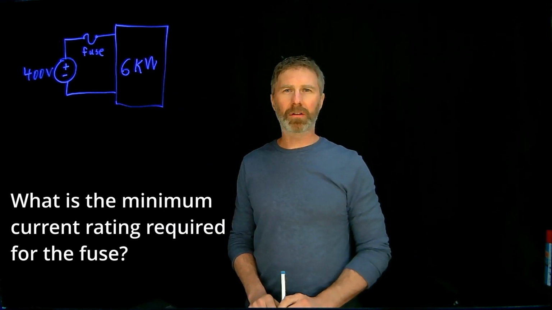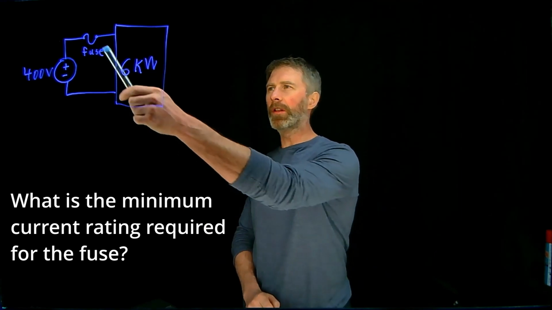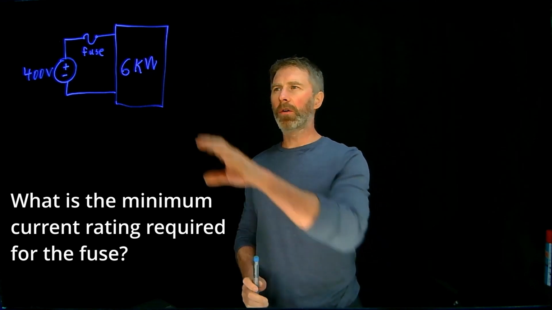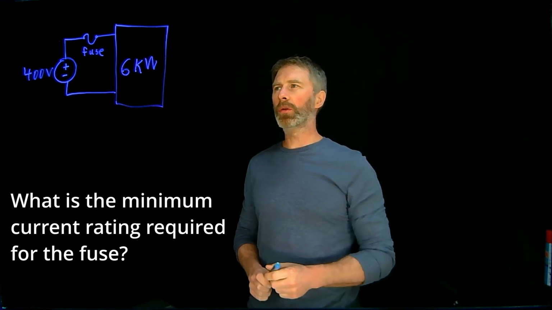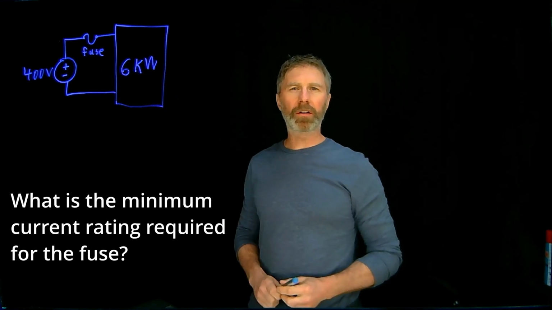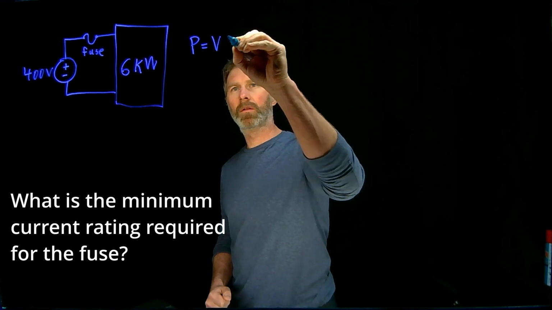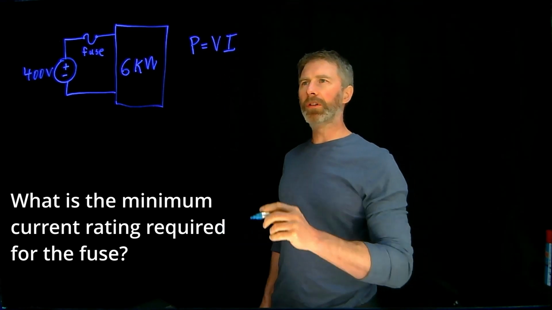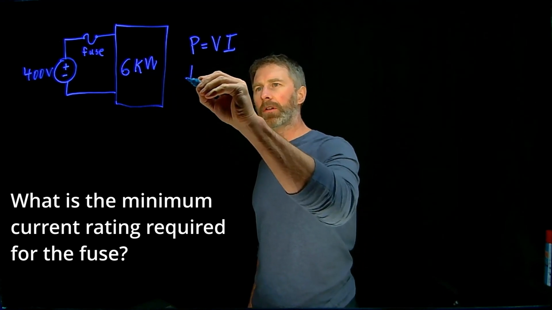In this question, we want to know what is the absolute minimum current rating for this fuse that we'll need for this system. We have a 6 kilowatt heater, let's say, driven from 400 volts. So basically what we need to figure out is how much current will be drawn by that circuit. Remember, power is equal to voltage times current. We know the voltage, we know the power. The thing that we don't know is current.